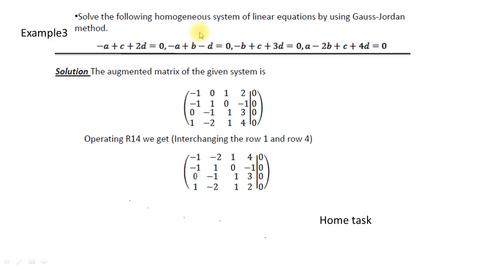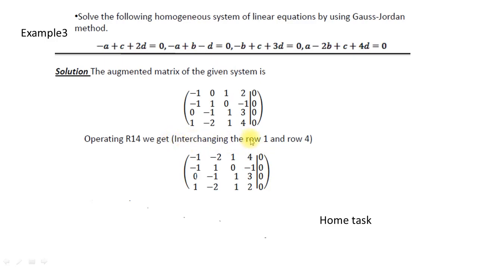This is understood, but we are trying to check whether the system has non-trivial solutions, whether the system has other solutions additionally to the zero solution. So perform row operations to reduce this augmented matrix into reduced row echelon form, and at the end when you get the reduced row echelon form, check whether the system has other solutions additionally to the zero solution.